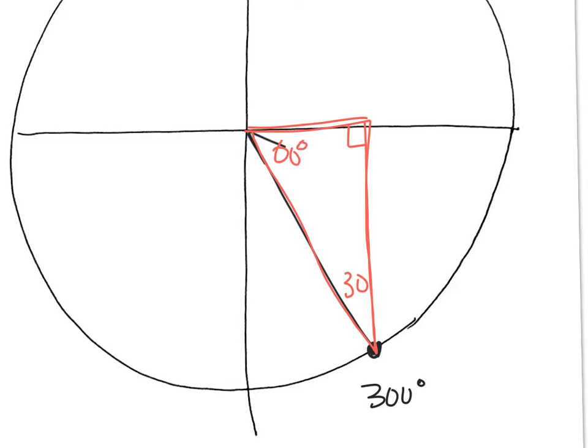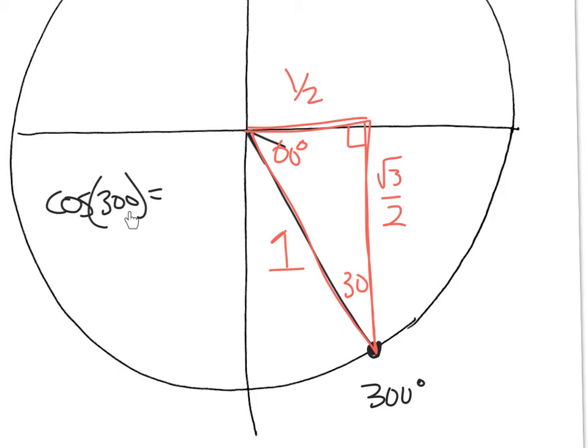Looks like a 30, 60, 90, right? And in the 30, 60, 90, hypotenuse is 1, short side is 1/2, long side is root 3 over 2, and now we can just write it out. So let's see. Cosine of 300 degrees.